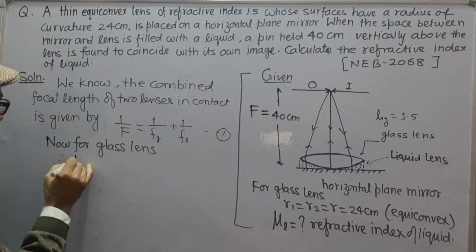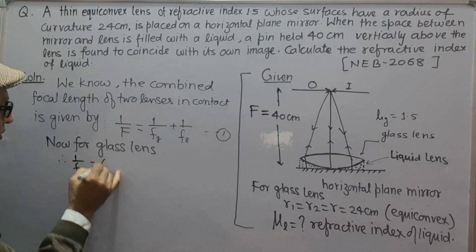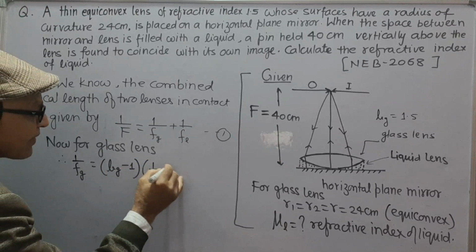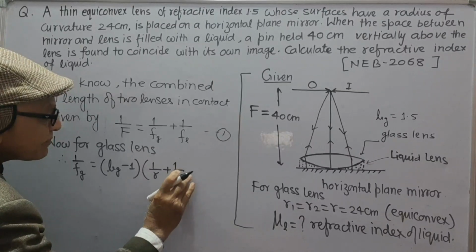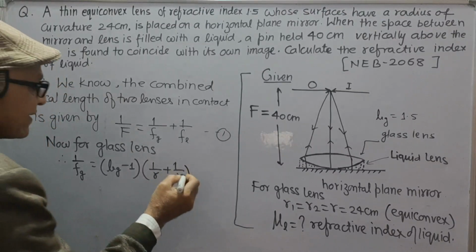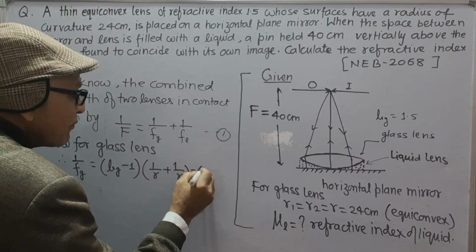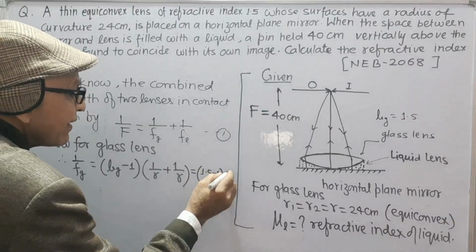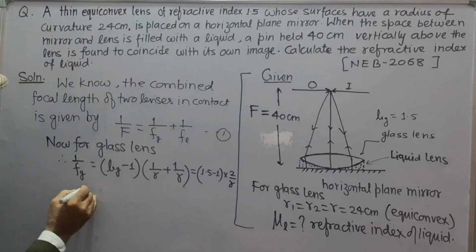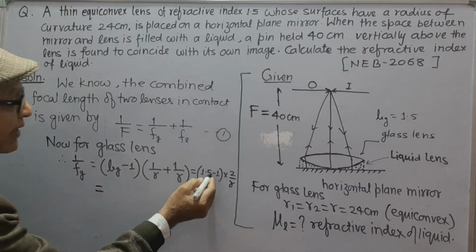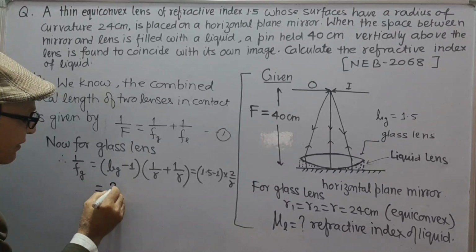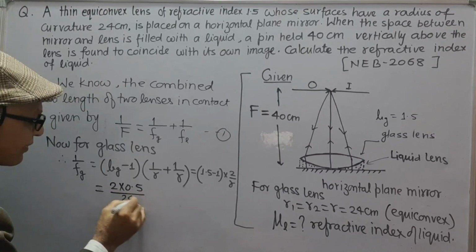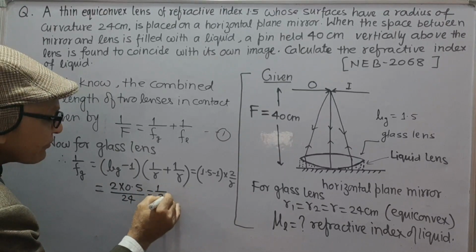So 1 upon F glass will be equal to mu of glass minus 1 into 1 upon R1 plus 1 upon R2, which is 1.5 minus 1 into 2 by R, which gives 0.5 into 2 means 2 into 0.5 upon R means 24, which is 1 upon 24.